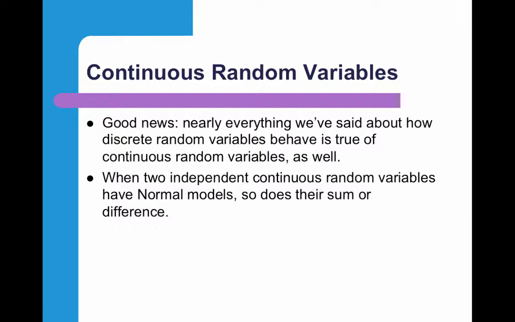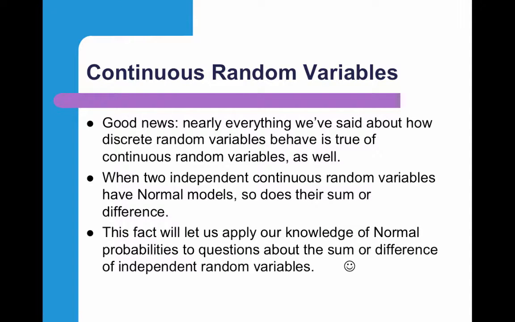So it's important that the random variables be independent. What this allows us to do is use the normal model to calculate normal probabilities when we're dealing with questions about the sum or difference of independent random variables.